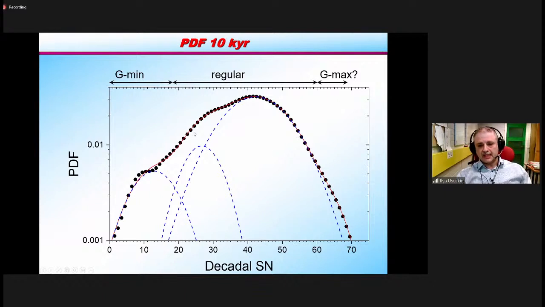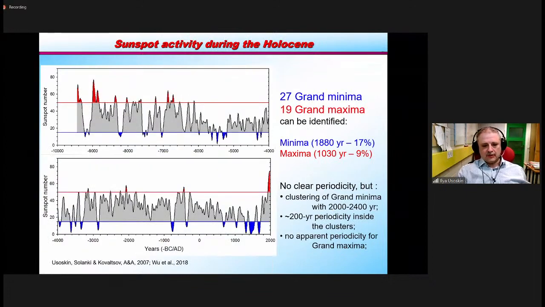We can see that there is a general, regular mode of activity, then a statistically highly separate grand minimum mode, so there is a bump. For the grand maximum, the statistics is too low. We cannot say whether it's a special, statistically different mode or just a non-Gaussian tail of the distribution.